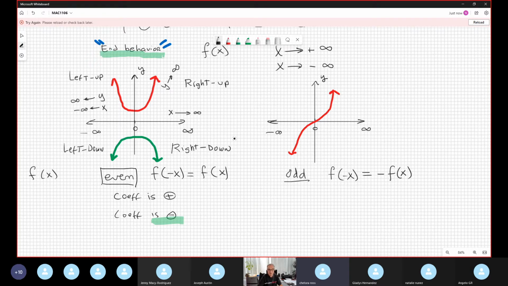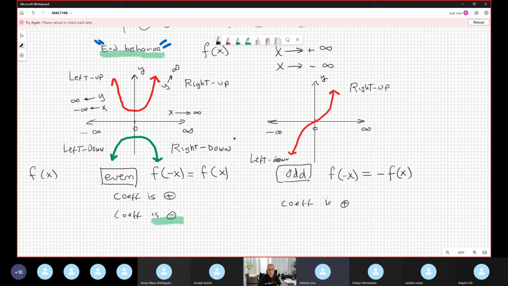A similar situation happens in the odd function. In the odd function, when the coefficient is positive, it is something like that. It is right up and left down.